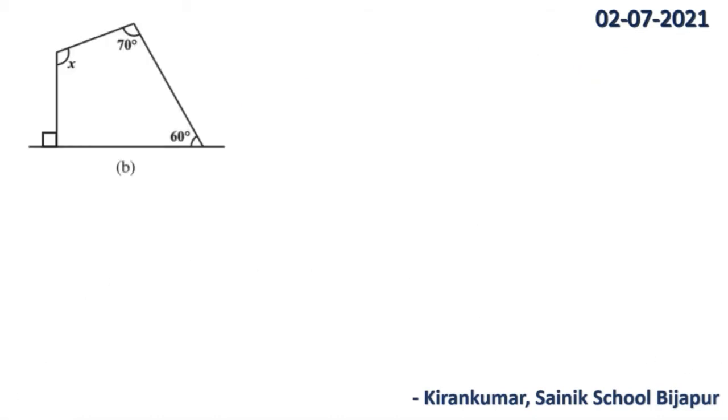Second figure. This is also a quadrilateral, but you observe here they have given an exterior angle as 90 degrees. So as per the linear pair, this angle will be equal to 90 degrees.